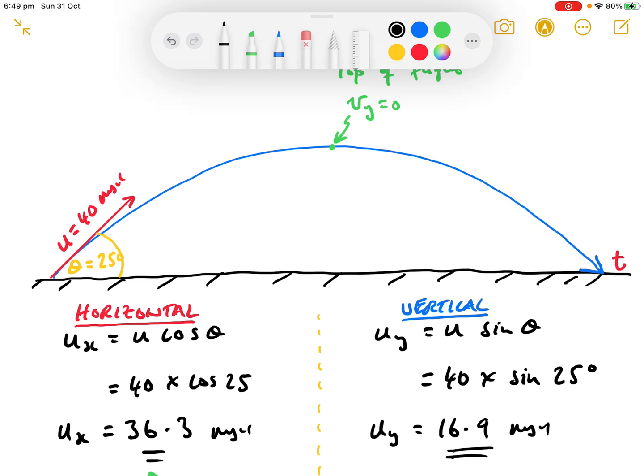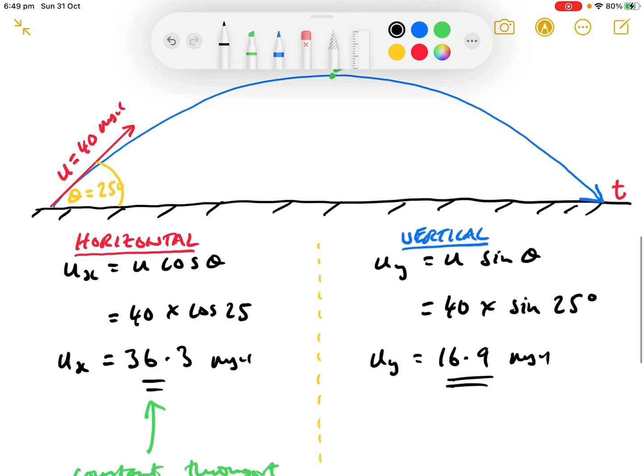Obviously, as the projectile rises higher to its maximum height, it eventually reaches a vertical velocity of 0, so it's decelerating on the way up at minus 9.8 meters per second squared, and then of course it accelerates in the vertical on the way back down. And when it comes back down to the ground, by symmetry, its final vertical velocity will also be 16.9, but downwards, so that would be minus 16.9.